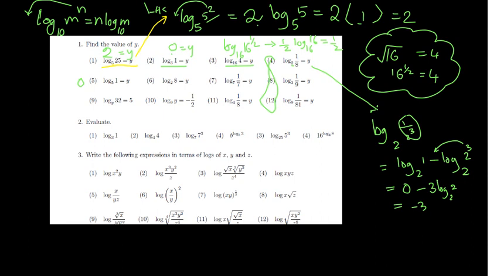You got something like 3 log 2 to the base 2. This value is 1. Why is it 1? Because the base and this are the same. So y equal to 3.